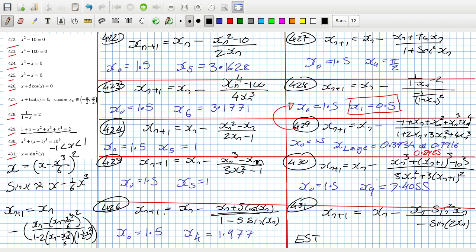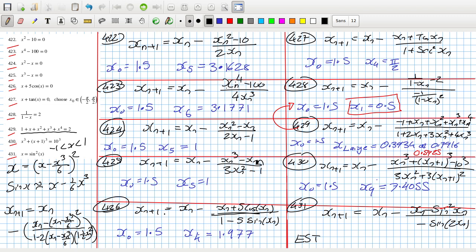Answer minus fraction. On the top, x minus x cubed over 6 squared. And then on the bottom, 1 minus 2, 2 brackets here.